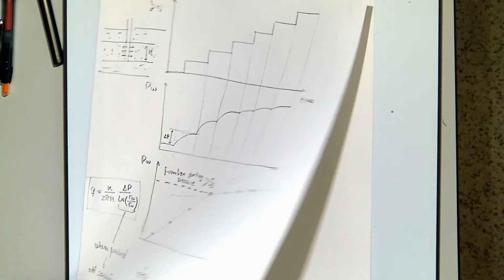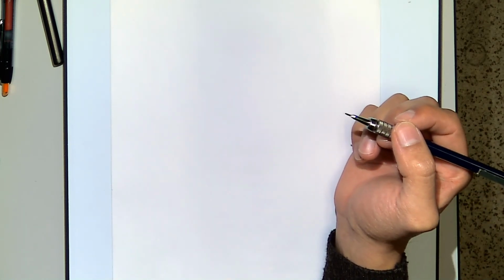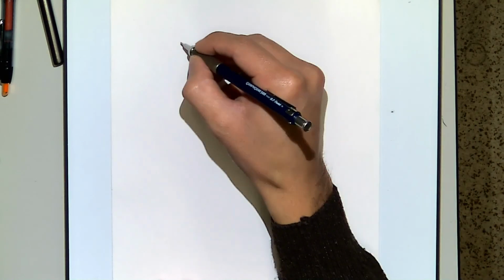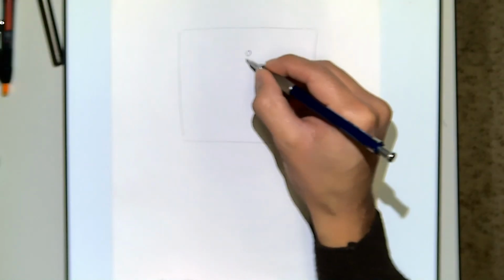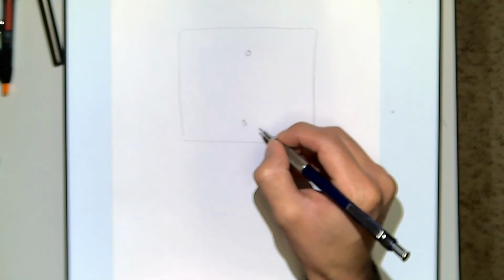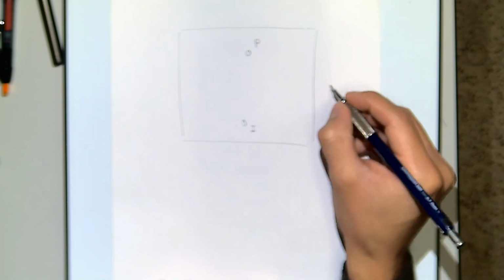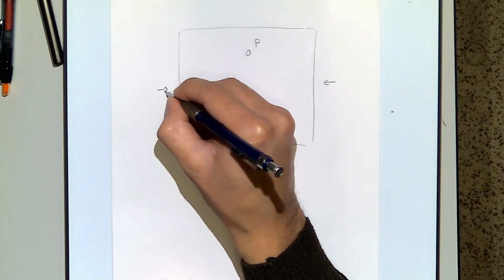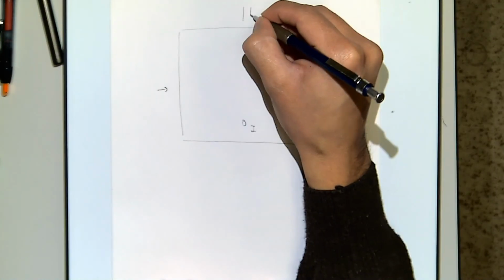Why do you not want that? Because sometimes you may not want hydraulic fractures. An important case would be, for example, water flooding. Let's say that we're doing water flooding, and here we have an injector, we have a producer, and we're looking from the top. This is SH min, and this is SH max.